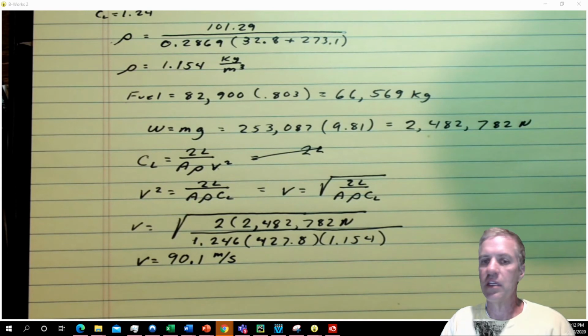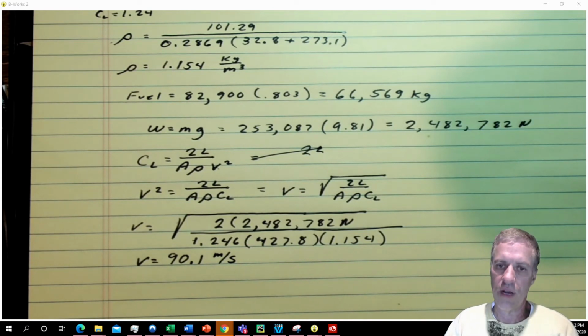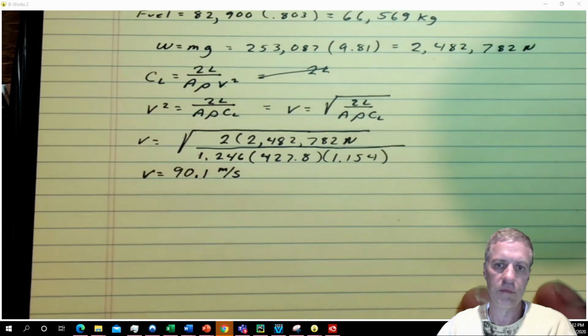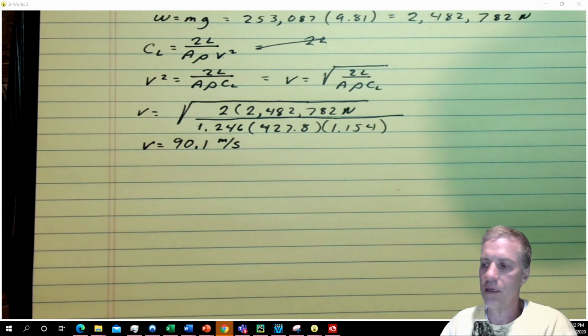All right, so now we just need to convert the meters per second to kilometers per hour. Okay, so take a minute and see if you can do that.